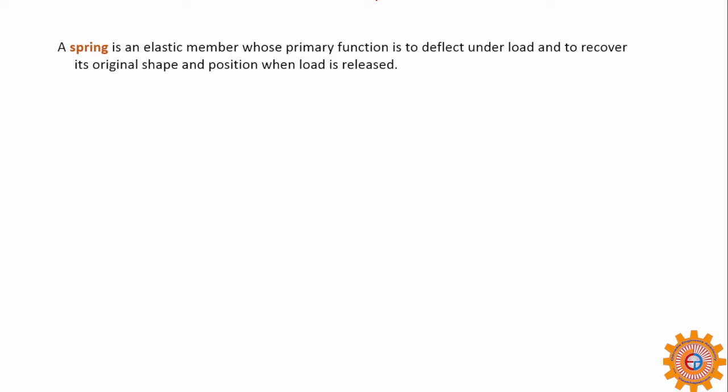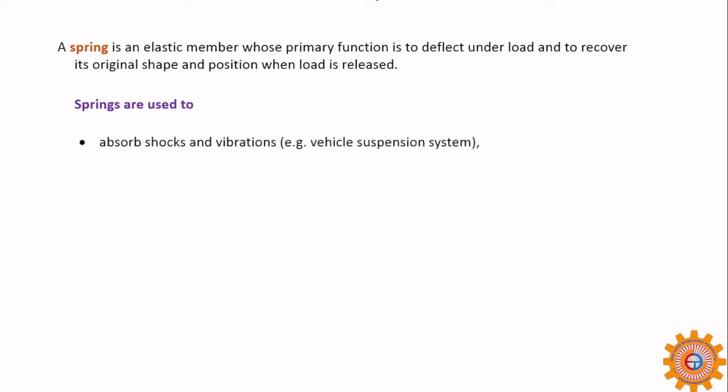Those are the uses of a spring. Springs are used to absorb shocks and vibrations, as in a vehicle suspension system, so that we can feel comfortable when the absorber acts in the right way.